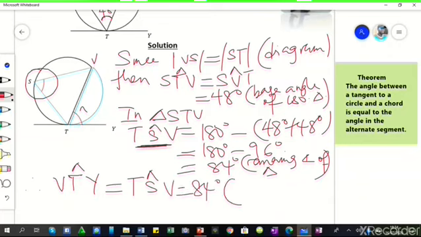And that reason is based on the theorem that the angle between a tangent to a circle and a chord is equal to the angle in the alternate segment. So I can just shorten this reason to be alternate segment. And that ends the third question.